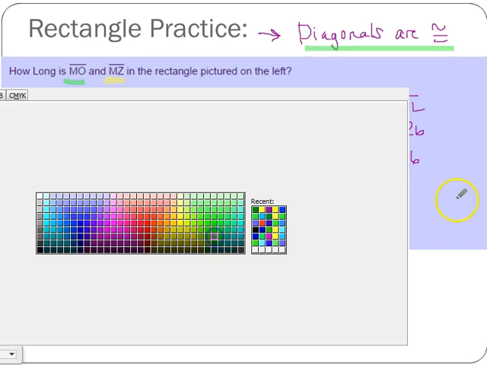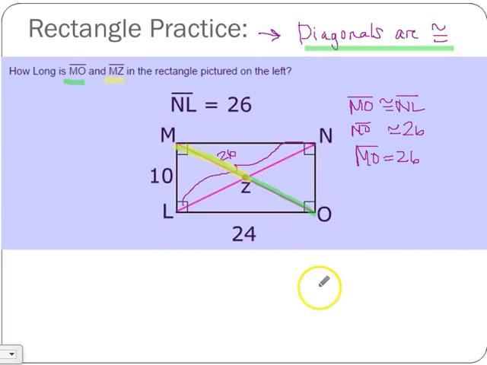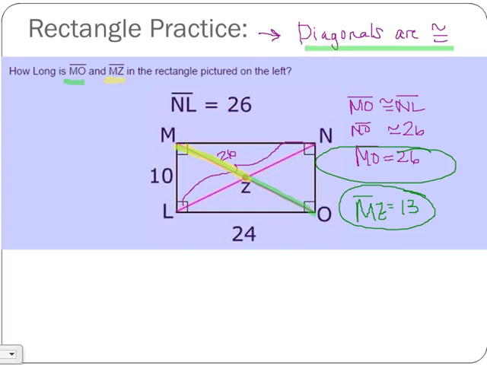Bisect means to divide into two equal parts. So the length has to be half of 26. So MZ has to be equal to half of 26, which is 13. To solve this problem, we used some properties of parallelograms, which also apply to rectangles. I'm going to go on to the next slide, so if you need more time, go ahead and click pause.